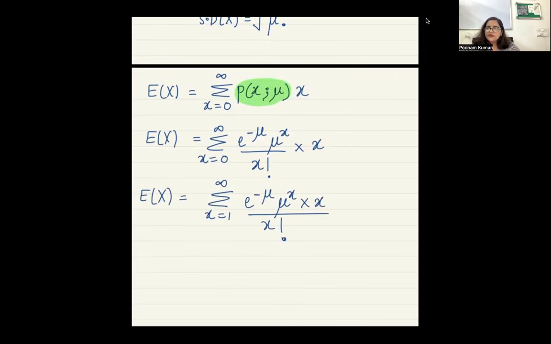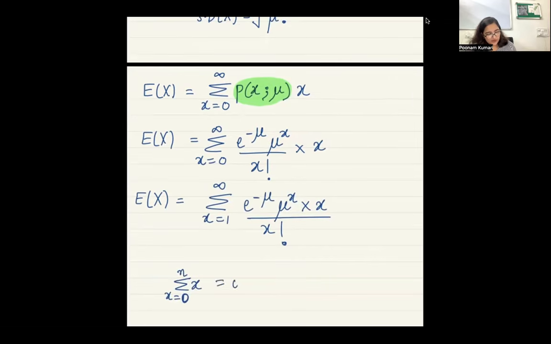Because the first term, when x value was 0, didn't really make a difference, since it vanished. Nothing really mattered there. Yes or no? Okay, let's say I have to sum x, with x going from 0 to n.